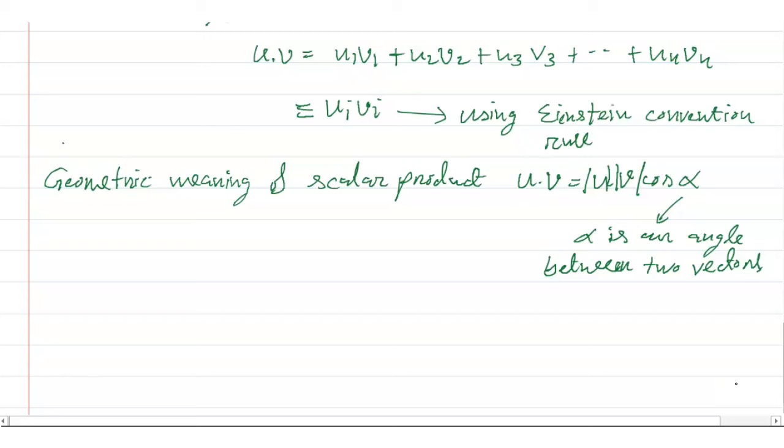Now we can check that the scalar product is actually linear. So in both cases, the scalar product is linear.